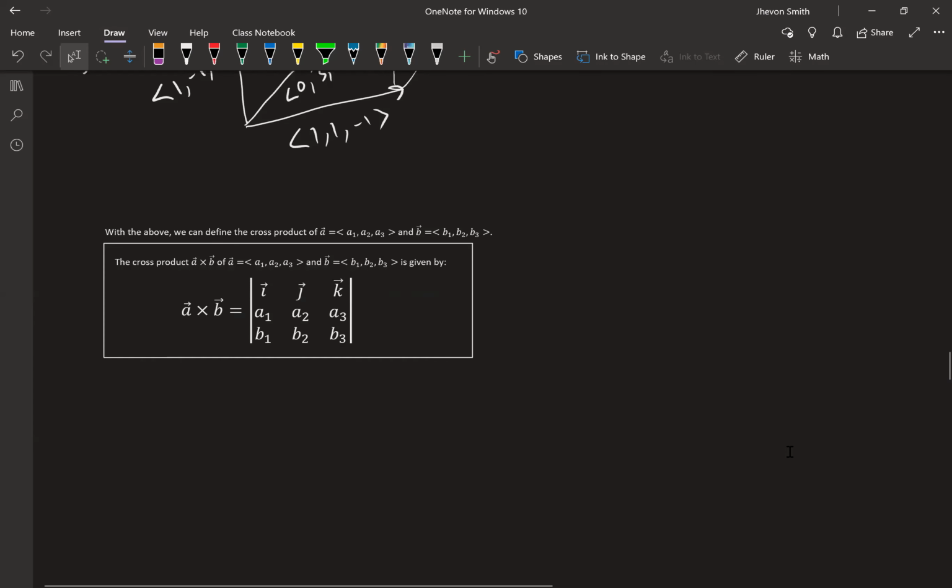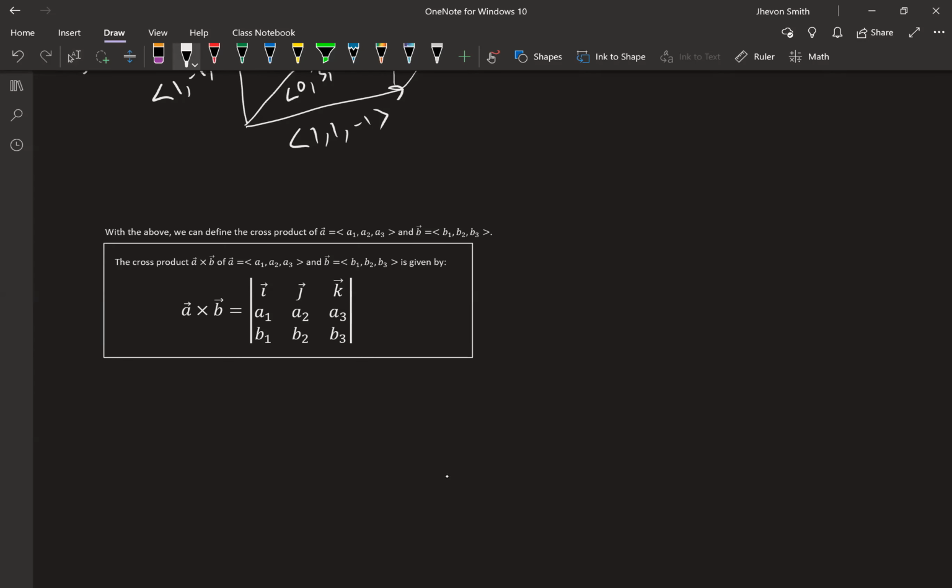If I know the vector A is A1, comma A2, comma A3, and the vector B is B1, comma B2, comma B3, then the cross product A cross B is given by this. It's a 3 by 3 determinant where along the top row are the basis vectors, I, J, and K. Across the second row is the vector on the left, which is the A, so it's A1, comma A2, comma A3. And across the last row is the B1, comma B2, comma B3.